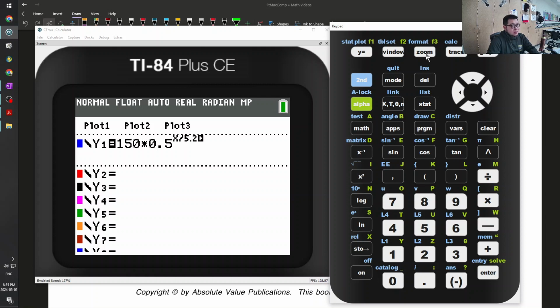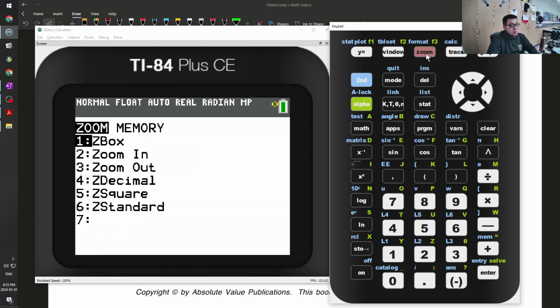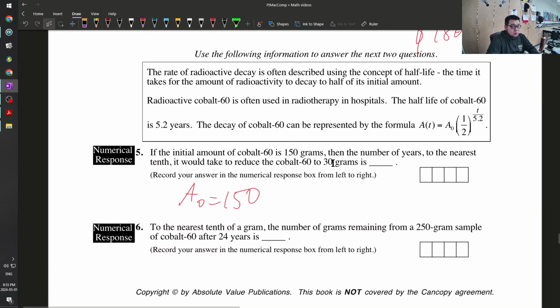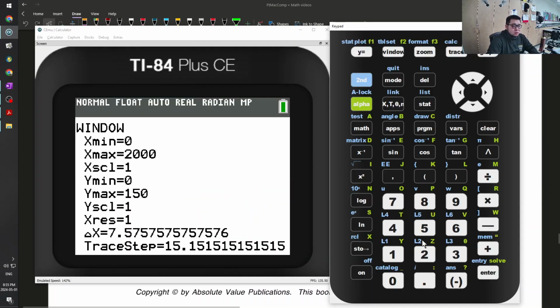Because this is an exponential decay, the biggest my y value can be is 150, and the smallest my y can be is 0, which it will never reach. Then how many years would it take to go to 30 grams? Probably around 20 to 30 years. Let's just do 30 to be safe.